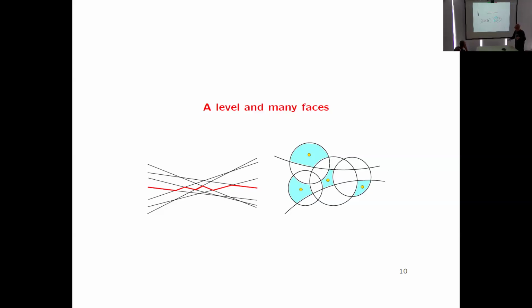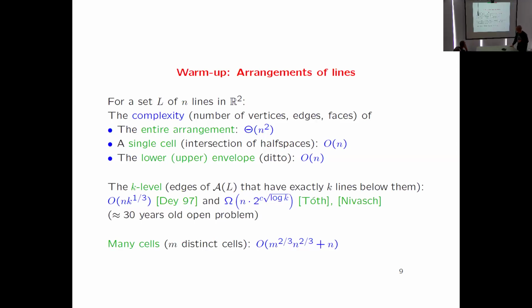And the number of turns that you will make is the complexity of the k-level. It's easy to see that this is exactly what you need to do. But here, what is the complexity? How many such turns will you make in the worst case? Nobody knows. There is an upper bound of n times k to the 1/3, and there is a lower bound that is only slightly superlinear. And the gap is by now about 30 years old.